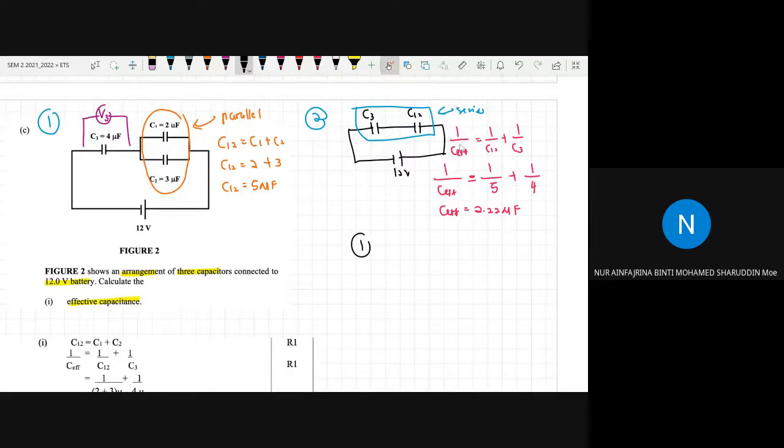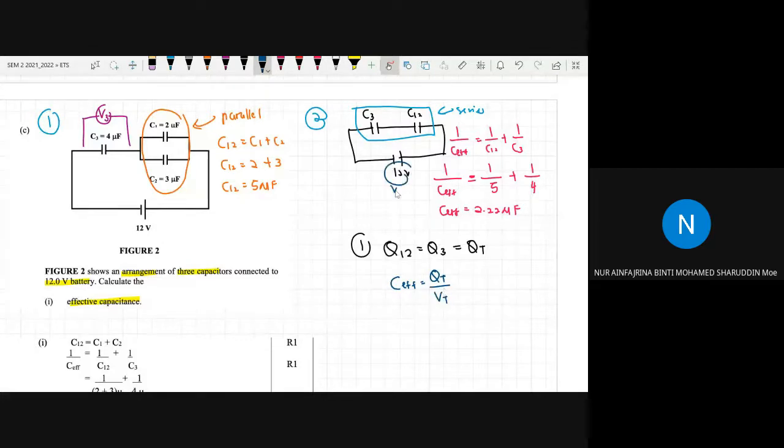So kalau series, apa yang sama? What is the same? Charge. Series charge. Okay, so Q12 akan sama dengan Q3, which is sama juga dengan total charge. So sekarang you all boleh cari total charge pakai formula ni sebab you tahu effective capacitance equals to Q total divided by total voltage.